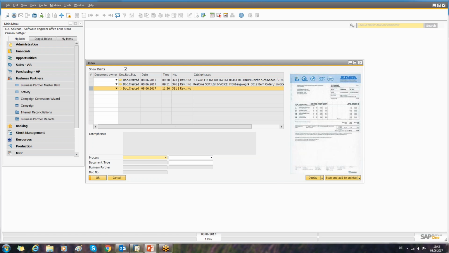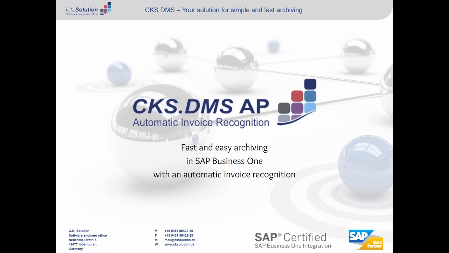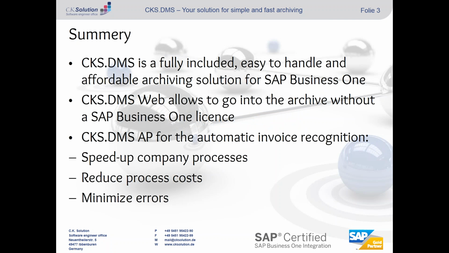So at last, let me give you a short summary. CKS DMS by itself, you saw it, is a fully included archiving solution. It's easy to handle, what we talked about on Tuesday, and it is an affordable solution for SAP Business One.